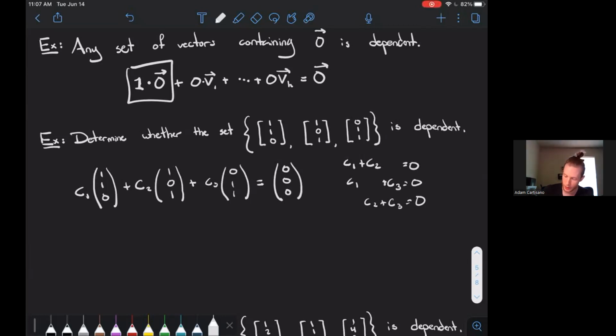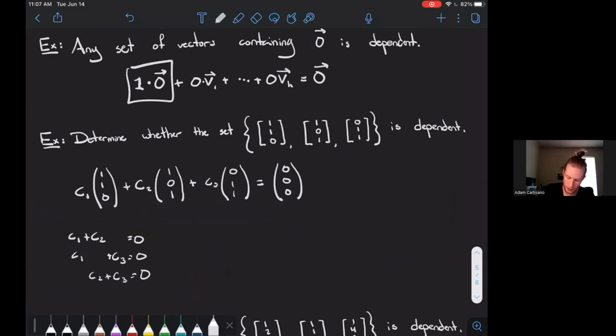Let me do this. We'll put this guy underneath, and then I'll write its augmented matrix. It's 1, 1, 0, 0, 1, 0, 1, 0, 0, 1, 1, 0.